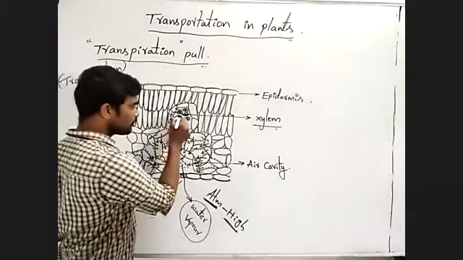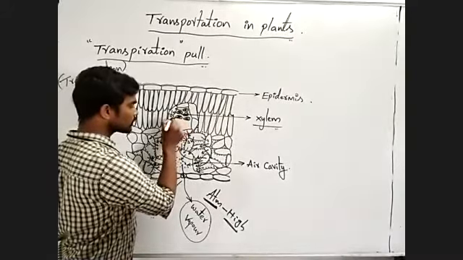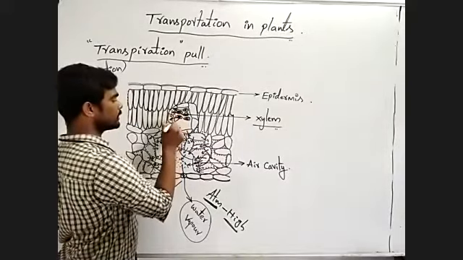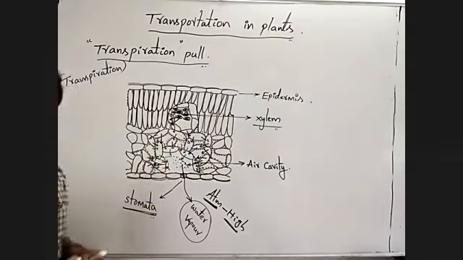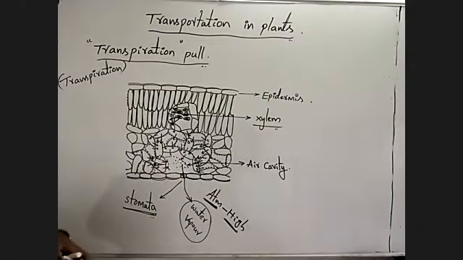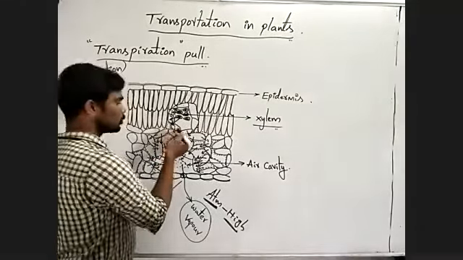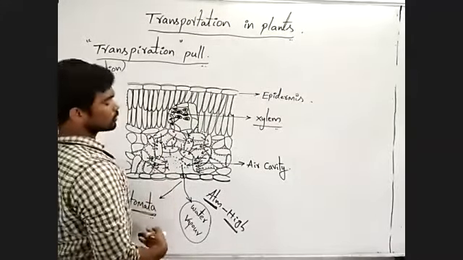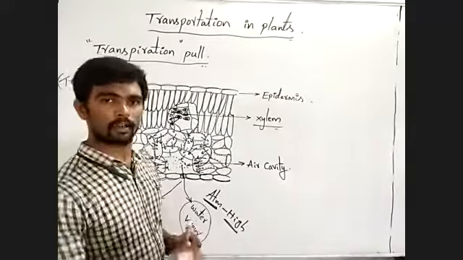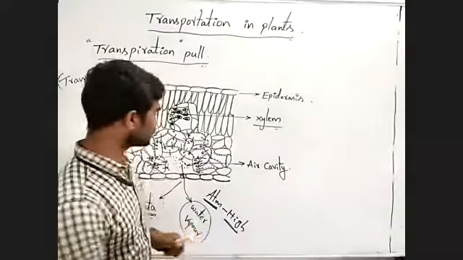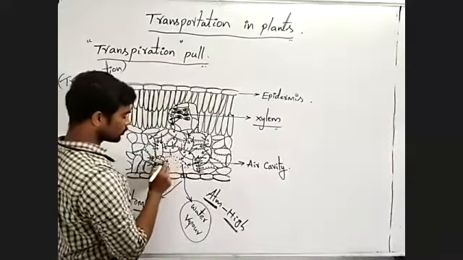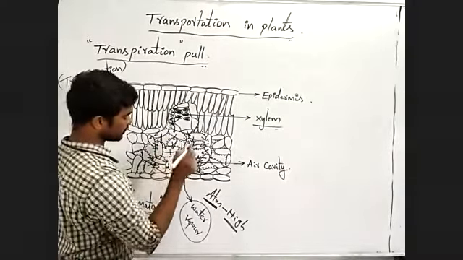From the xylem vessels, water is collected by the surrounding cells. From these cells to other cells, water is transported. From those cells to other cells, ultimately water reaches the air cavity.